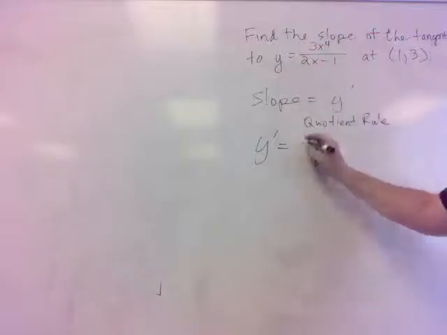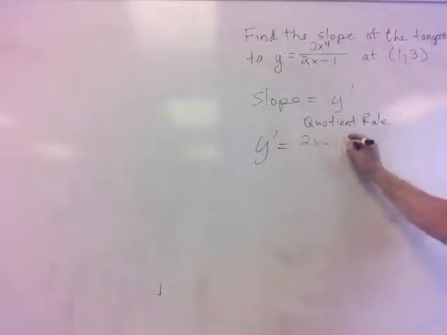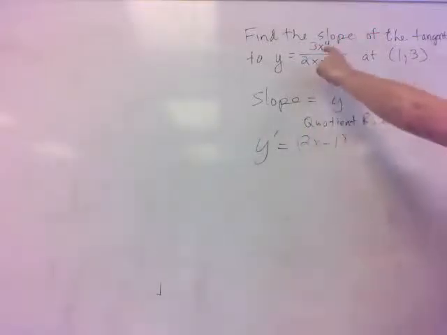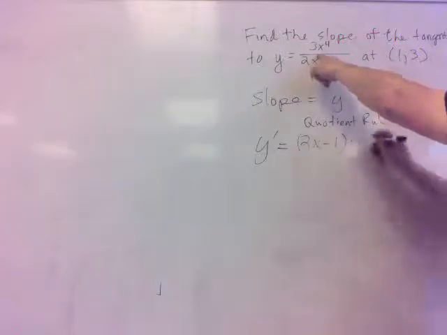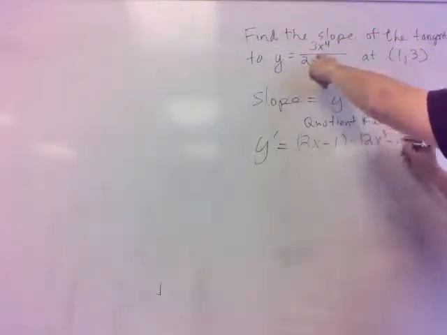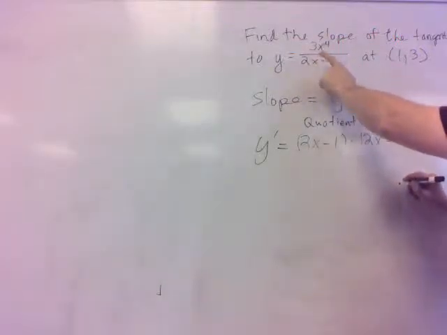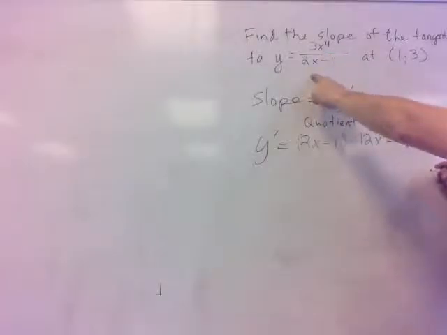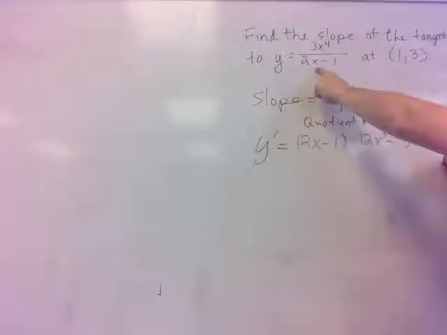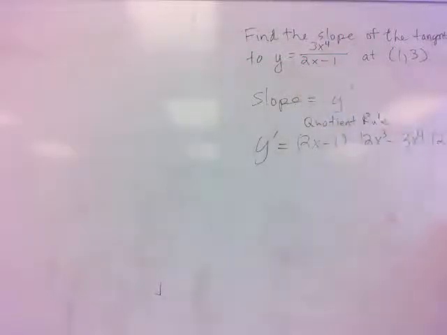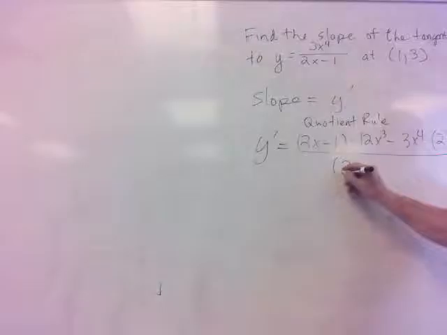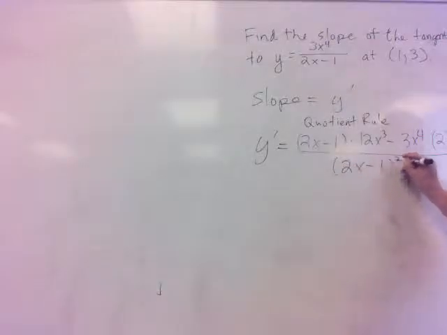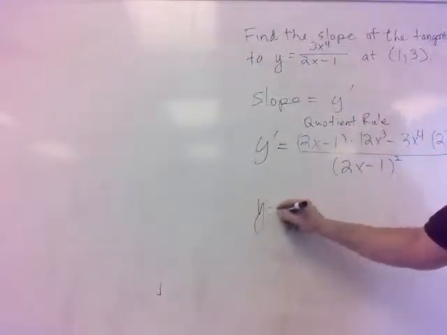All right, so low, 2x minus 1, times d of the high, derivative of the high, 12x cubed, minus high, 3x to the 4th, times d of the low. What's d of the low? Derivative of the low one? Just 2, isn't it? Over low squared. Clean it up a little bit.